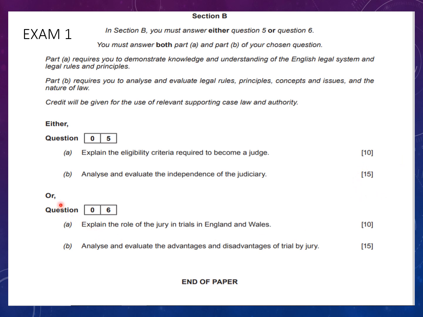That's because analysing and evaluating the law is a higher level skill than simply explaining or describing what the law is. So there's an explain for A and an analyse for B in whichever of those questions you choose.